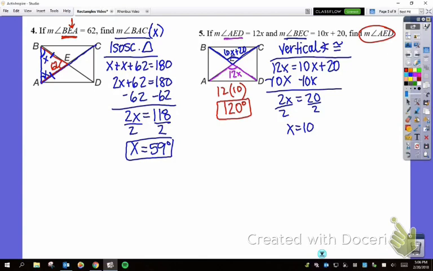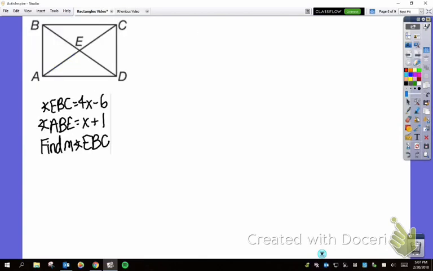Okay, so our next problem looks a little bit different than that, but we are still dealing with angles. EBC is from E to B at C. Remember that vertex is at that middle letter, and that angle is 4x minus 6.